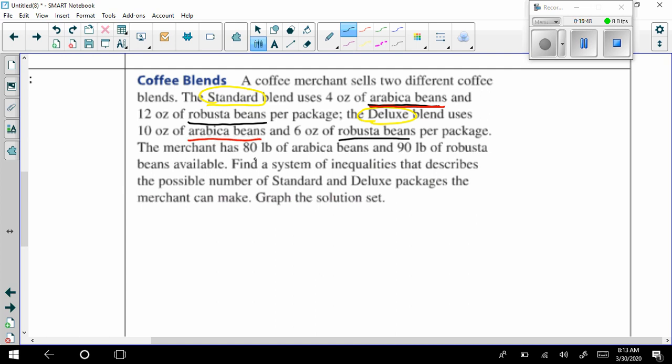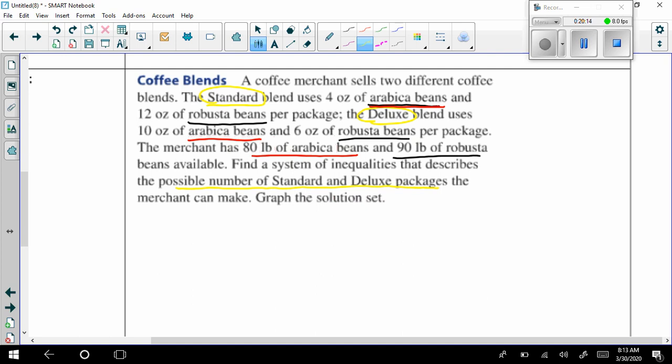And the merchant has 80 pounds of those and 90 pounds of the Robusta. Find a system of inequalities that describes the possible number of standard and deluxe packages. So we want the possible number of standard and deluxe the merchant can make.